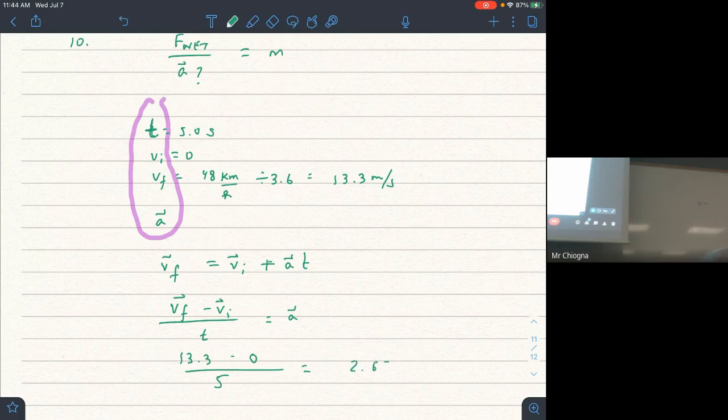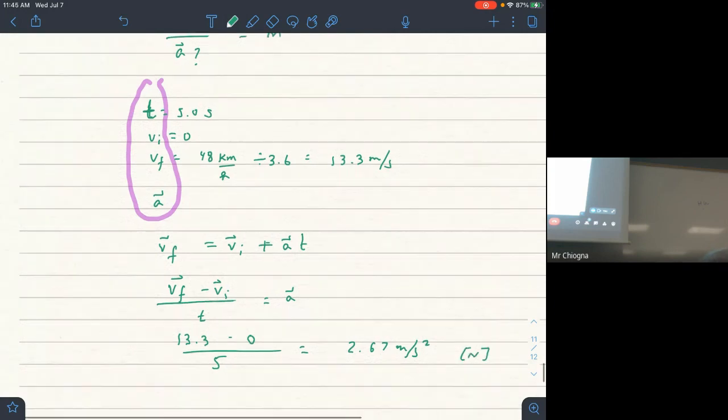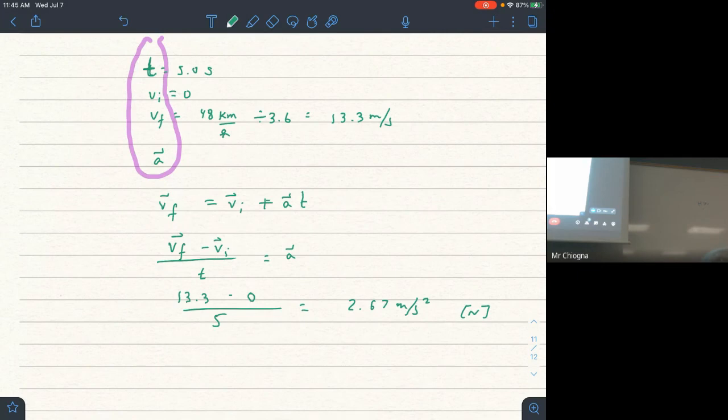2.67. Okay, I'm just interested in magnitude. It's going to be north, just so you know, but same direction as the force. All I need is the magnitude. F net over acceleration equal to mass.